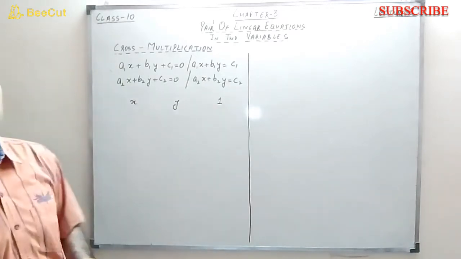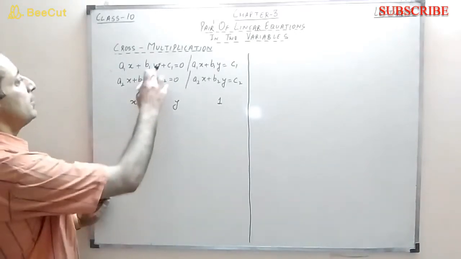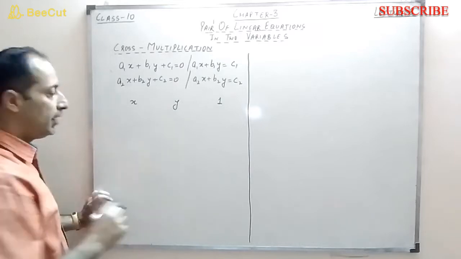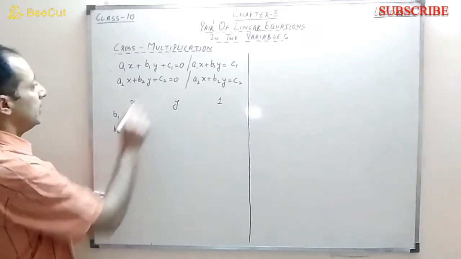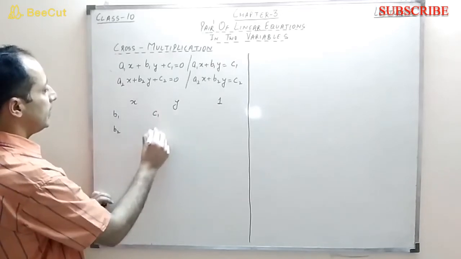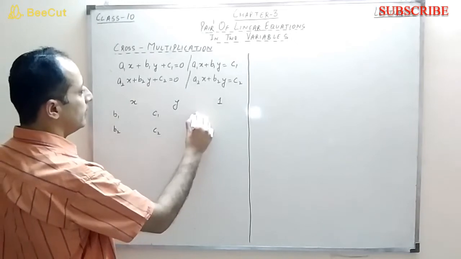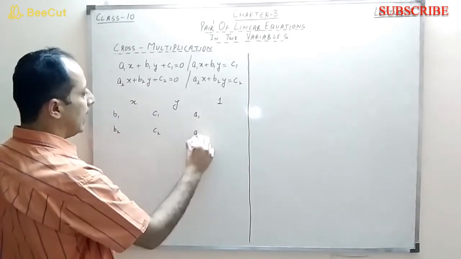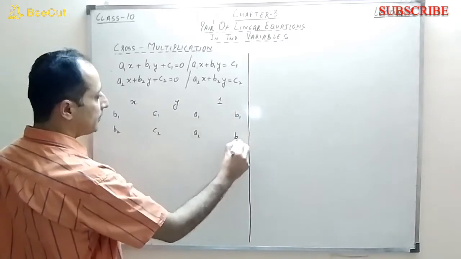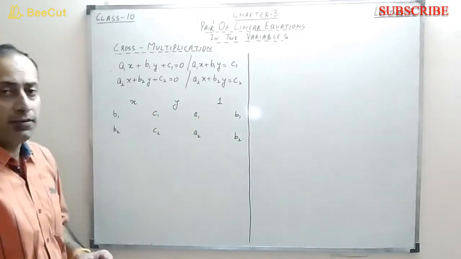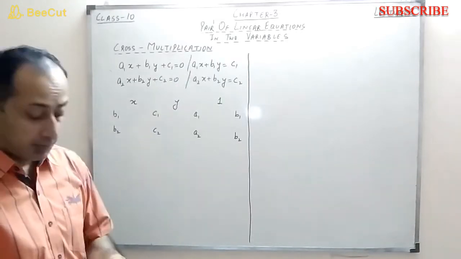Then firstly you write the coefficients of y from both equations, that is b1, b2. Then you write the constant terms c1, c2. Then you write the coefficients of x from both equations, and then you again write the coefficients of y from both equations. Now, what is the difference if I take the equations this way or that way?